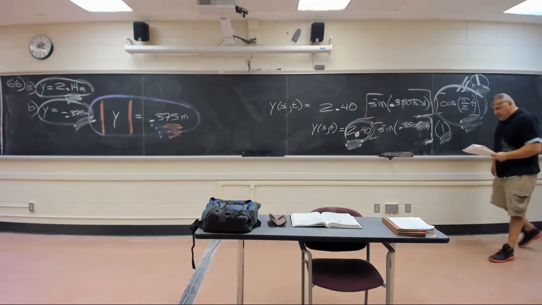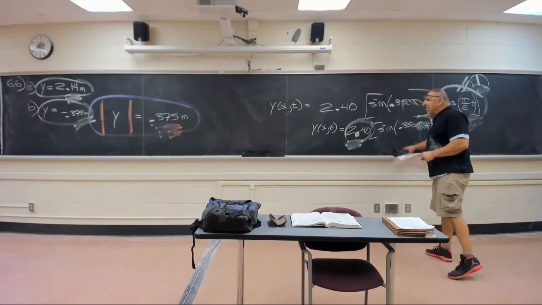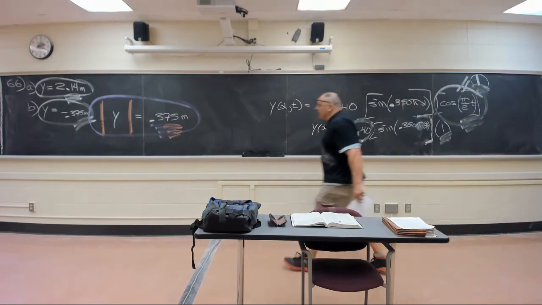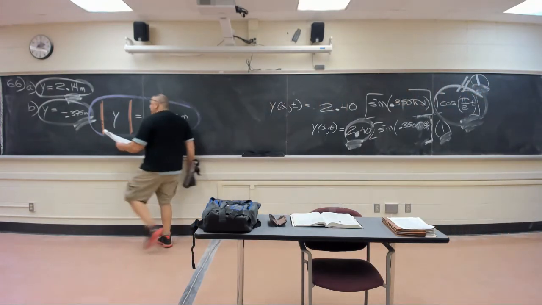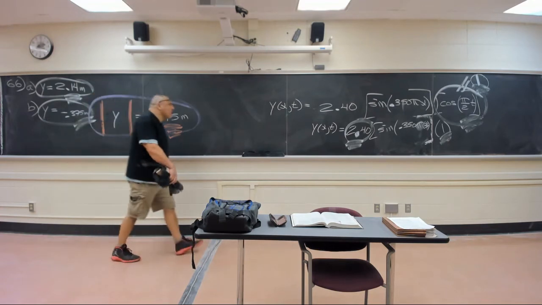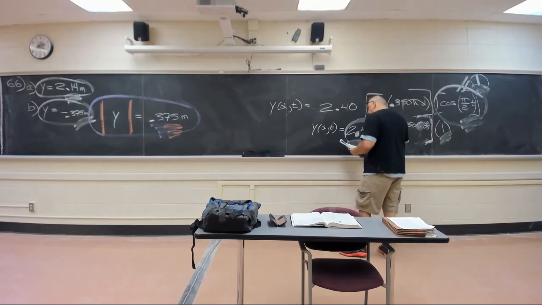You need to find, so now we got to be a little on the careful side. This negative right here that we got was sort of a precursor of what we need to be looking at. So antinodes are places of maximum displacement.